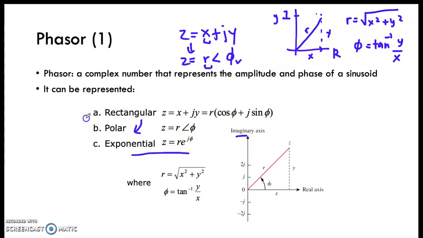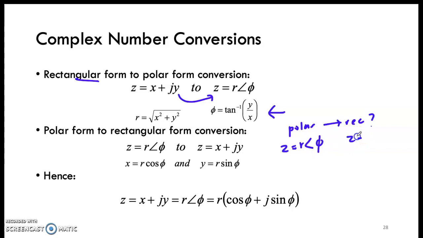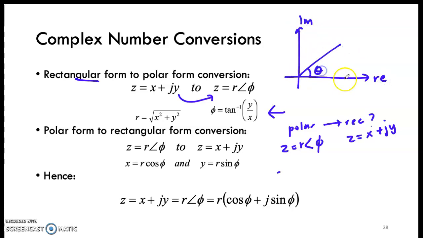Usually what we learn here is only rectangular and polar. Changing rectangular to polar is what I already mentioned. How do you change polar to rectangular? You are given z equals r with angle theta, and you need to change it to x plus jy. So what are x and y? If you redraw, this is the real axis and this is the imaginary axis. You are given theta, so you know this side is x and this side is y.